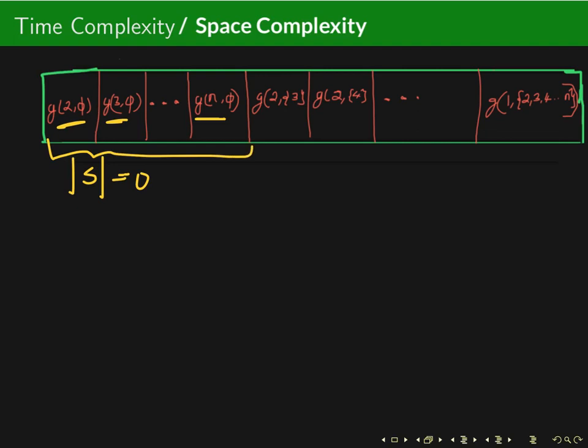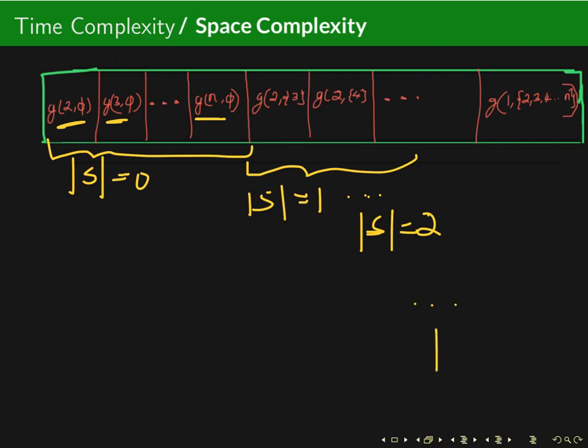Similarly, you have to calculate the min cost when the subset size is 1. So these are the values when the subset size is 1. And this has to be continued. You have to also calculate when the subset size is 2, and so on until the subset size becomes n minus 1.